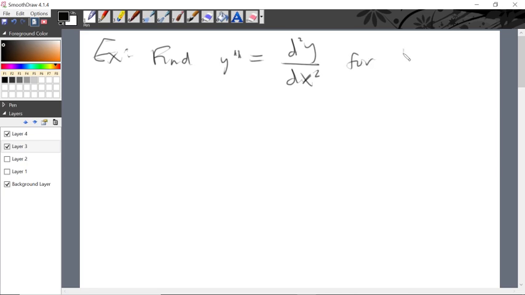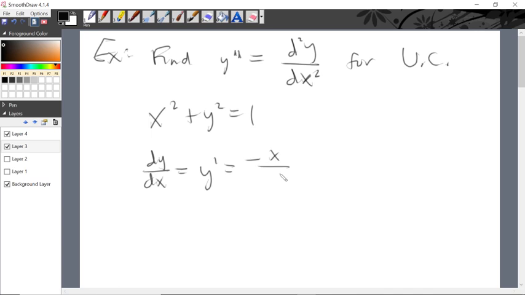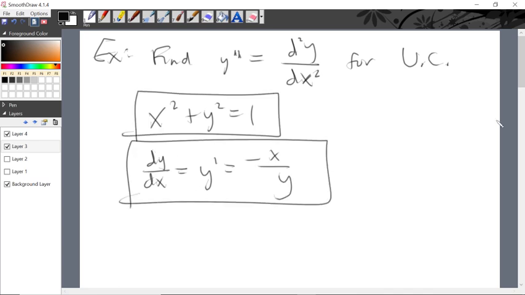Okay, for the unit circle, the second derivative. Well, we already have the unit circle equation: x squared plus y squared is equal to 1. Right, that's our unit circle. And we have now dy dx, which is equal to y prime, we just found is equal to negative x over y. Okay, so we've already concluded that.